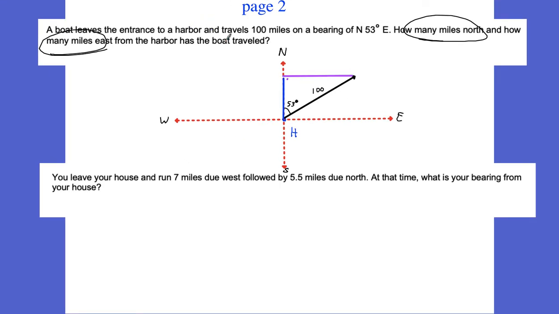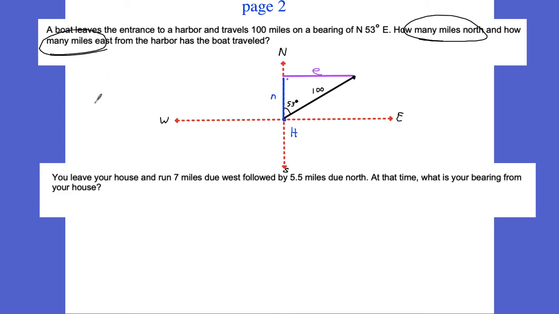So we have a triangle there. We can call this little n for how far we went north, and little e for how far we've traveled east. So notice we have the hypotenuse, we have an angle, and we can simply use trig to solve for little n and little e for the miles traveled north and the miles traveled east over the course of us heading 100 miles at north 53 degrees east.